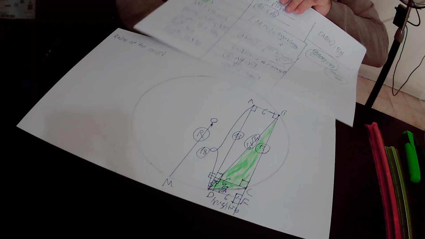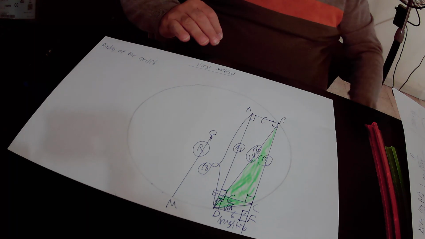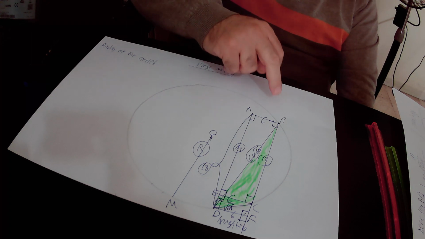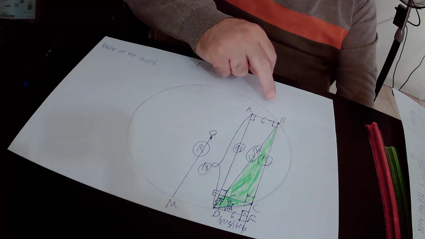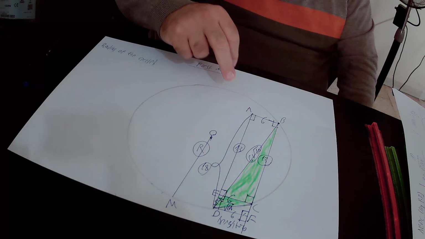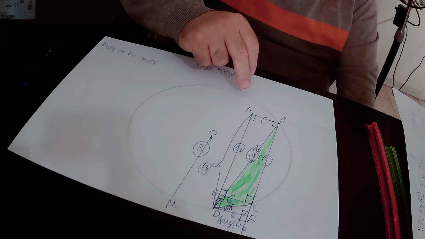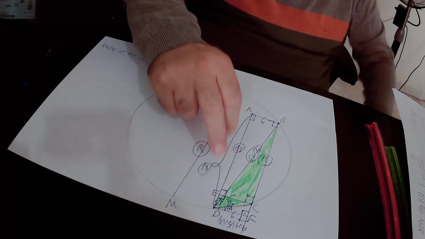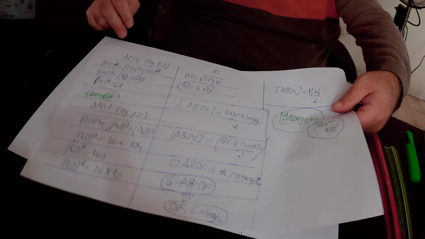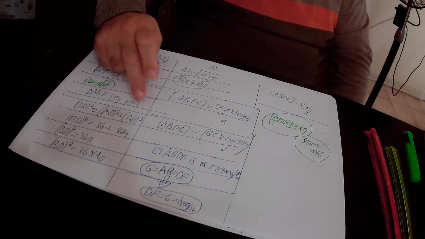According to the Pythagoras theorem, the square of the hypotenuse equals the sum of the squares of the perpendiculars. The hypotenuse is BD in the right triangle ABD, therefore the square of the hypotenuse is BD square, and it must be equal to the sum of the squares of the perpendiculars. That is to say it must be equal to AB square plus AD square. Repeat again: in the right triangle ABD, BD square must be equal to AB square plus AD square.